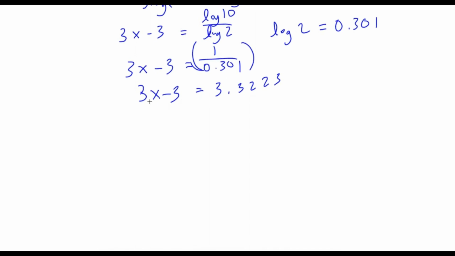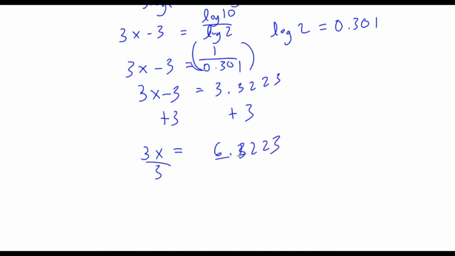So now we have 3x minus 3 is equal to 3.3223. So I can simply add 3 on both sides. So now I have 3x is equal to 3 plus 3.3223, which is equal to 6.3223.